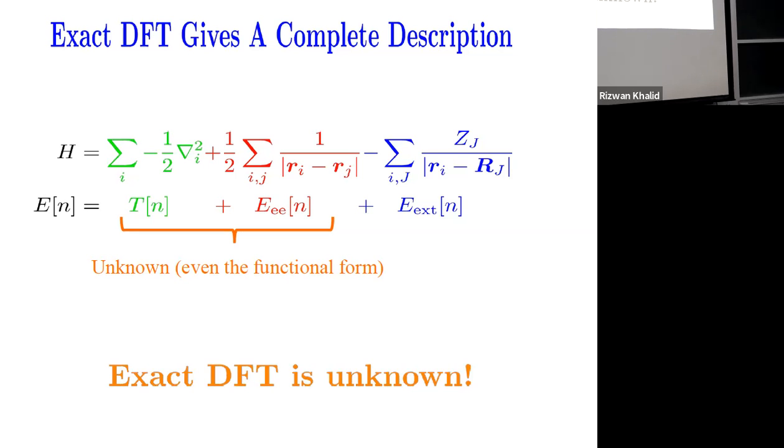Yes, the external potential is the potential provided by the nuclei or any other external source, anything other than electrons. So we do not know its functional form.